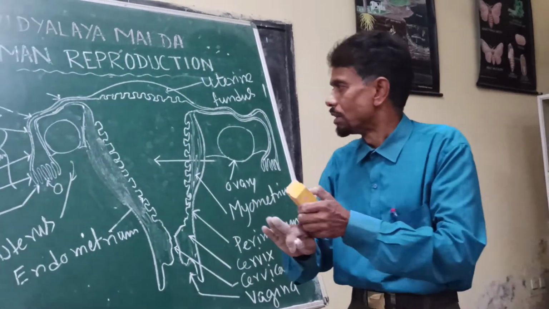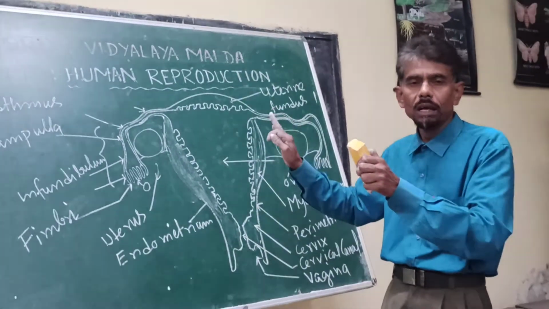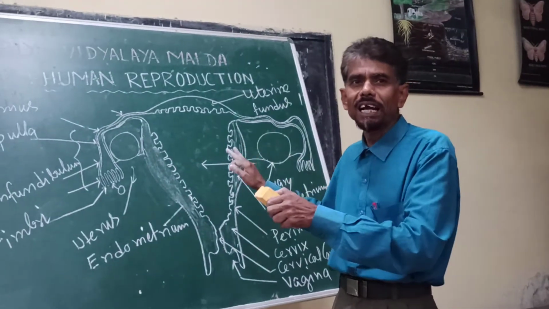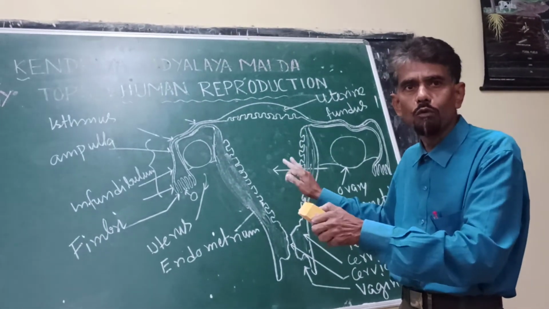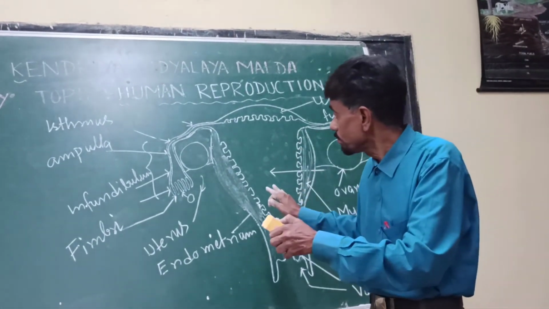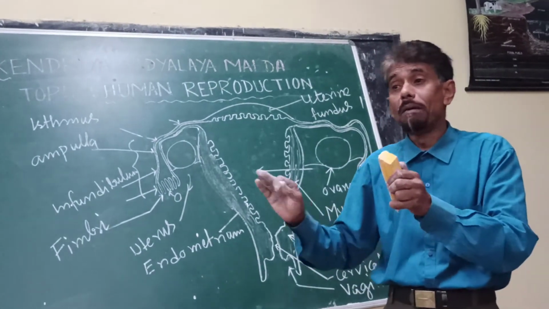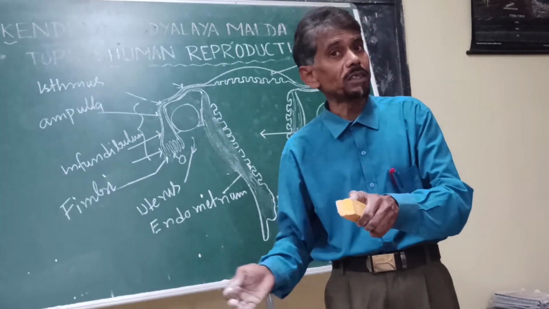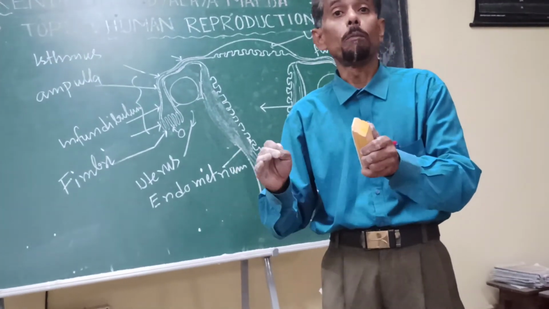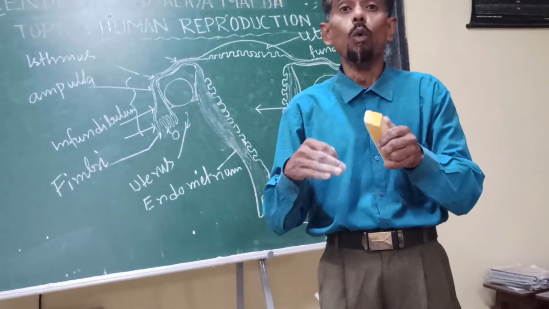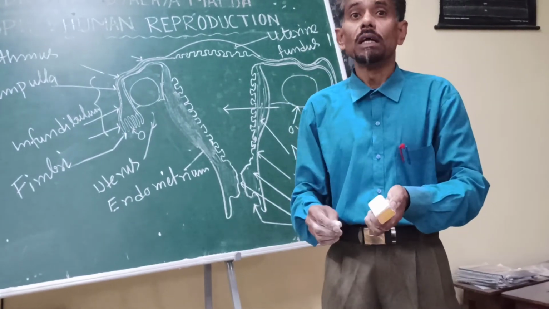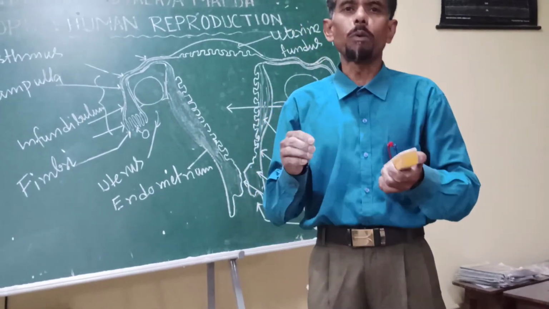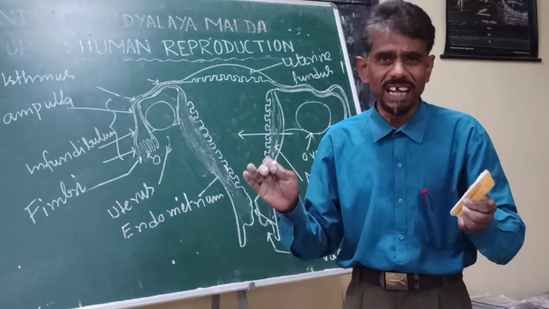So I have discussed the primary and secondary reproductive parts of the human female. The primary reproductive parts are directly involved in the process of reproduction, that is, the production of ovum. Ovum is produced by a process called oogenesis.